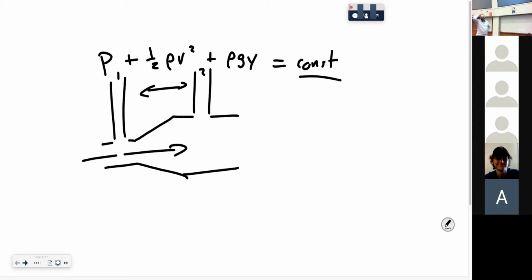Go ahead, Bailey. Going from the thinner section to the thicker section, the pressure would be higher. So it would push it further up.